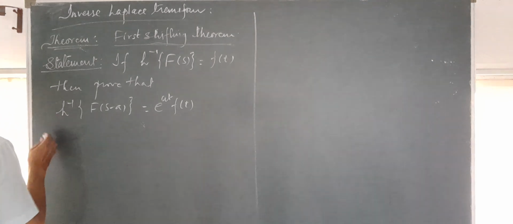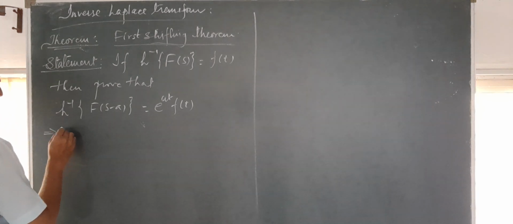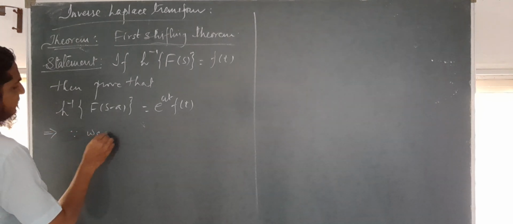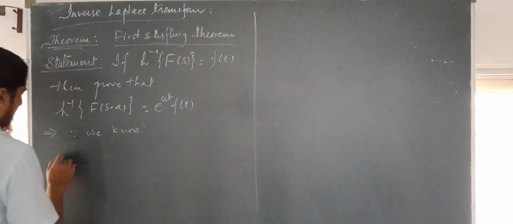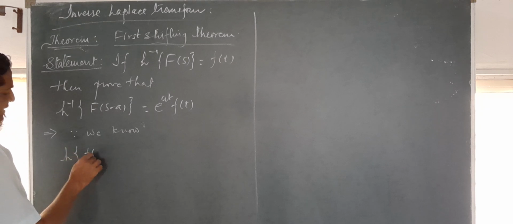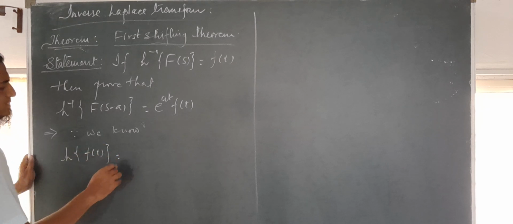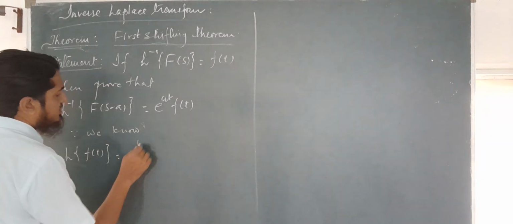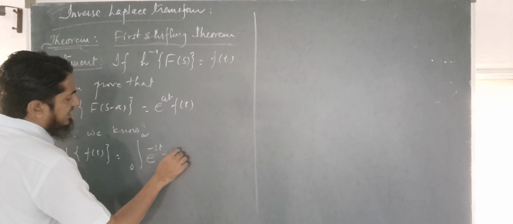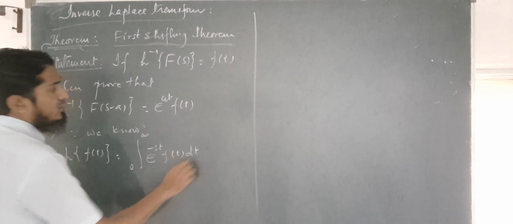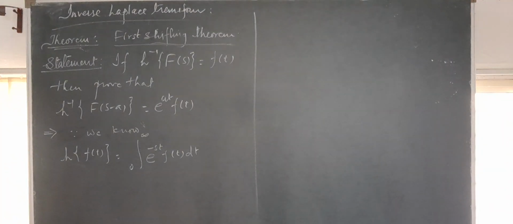Since we know the Laplace transform of f of t is equal to the integration from 0 to infinity of e raised to minus st f of t dt. We already know this definition of the Laplace transform.